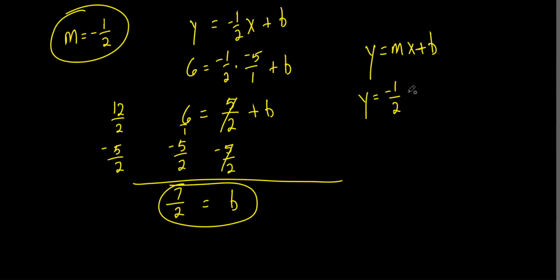And then I just write down that x, and now I write the b. I just did all that work to find the b. What is the b? Plus 7 over 2. That right there is my answer. That's the equation of a line that goes through the point negative 5, 6 and has a slope of negative 1/2.